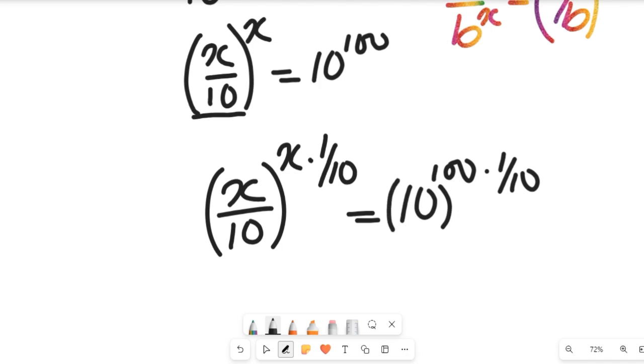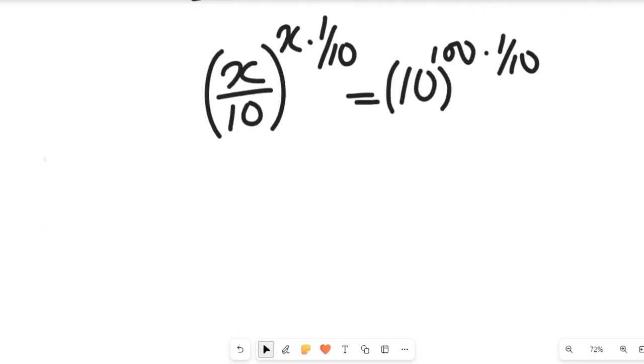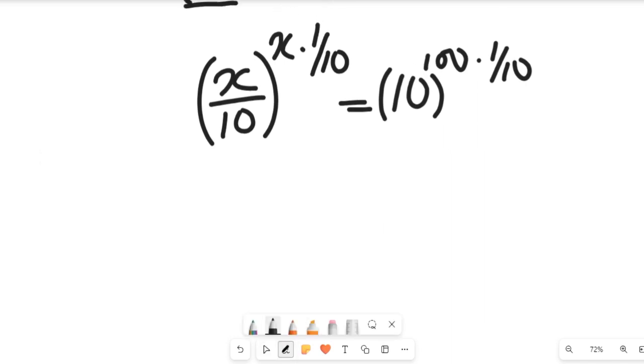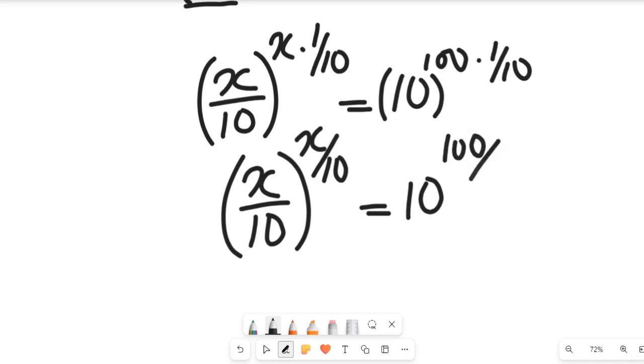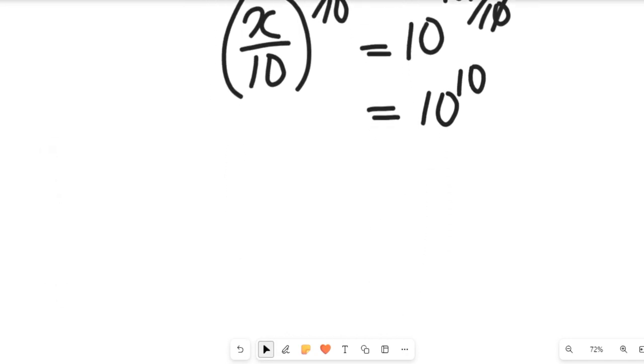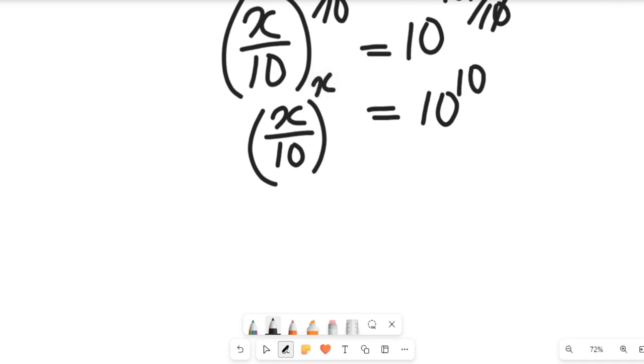So that expression will now be x divided by 10, all to the power of x divided by 10, and this will be equal to 10 to the power of 100 divided by 10. And 100 divided by 10 will give us 10 to the power of 10. Great. Now this other side will give us 10 to the power of 10, which is 10 to the power of 10.